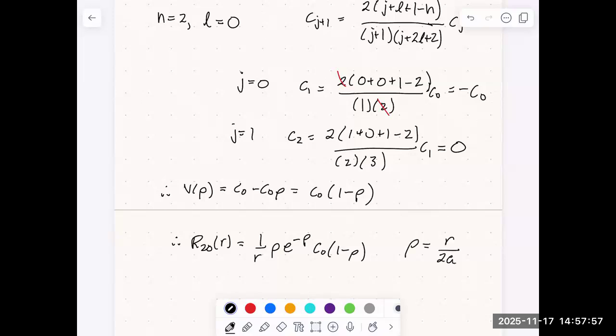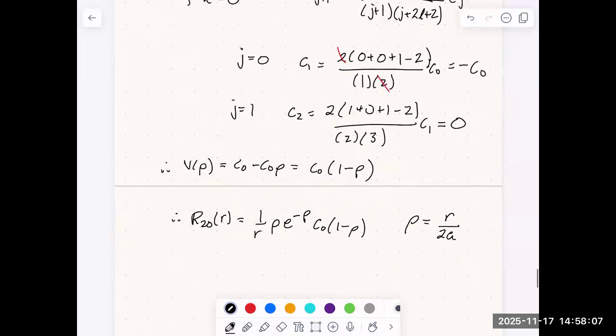So we have R over 2A. Okay, and so if you put that in and work it all out, you find that R20 is going to be C0 over 2A, 1 minus R over 2A, e to the minus R over 2A.